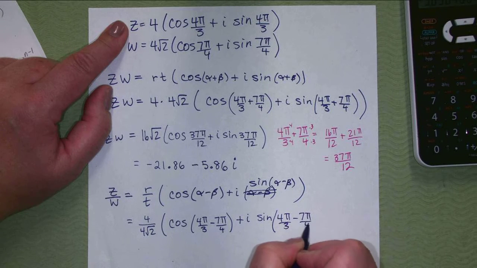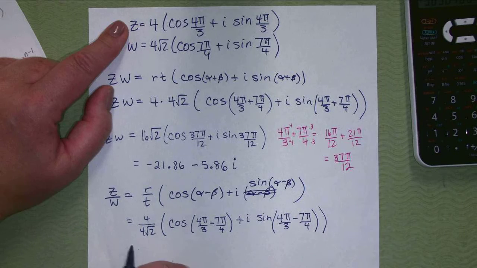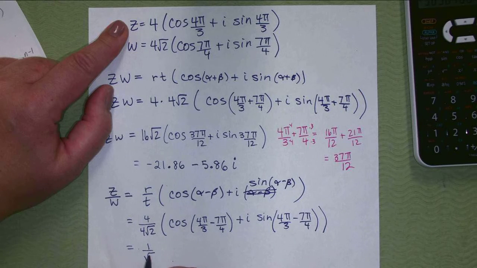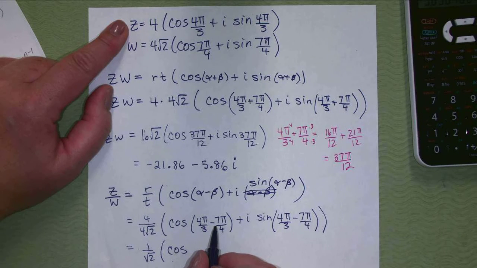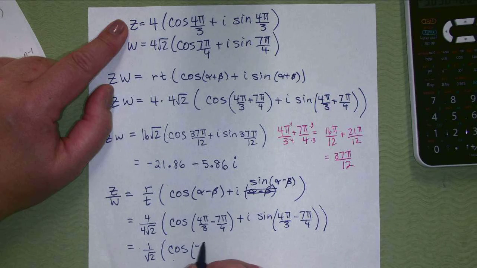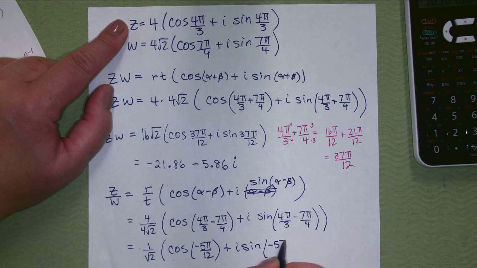So 1 over root 2 cos 16 minus 21. 16 minus 21 is 5. Make sure you subtract them in the right order, because that will matter in your answer.